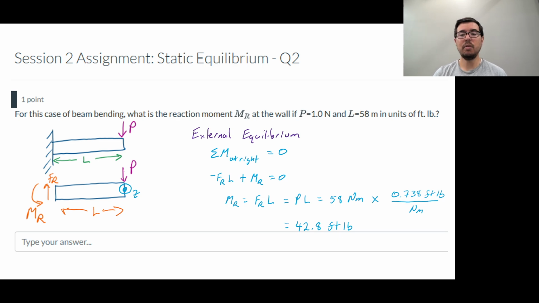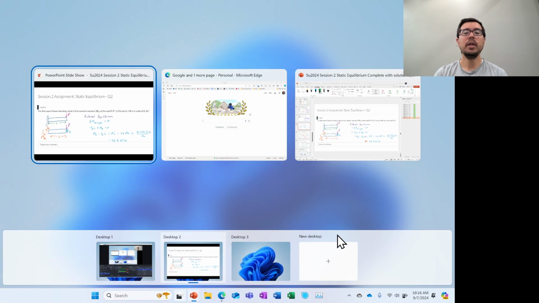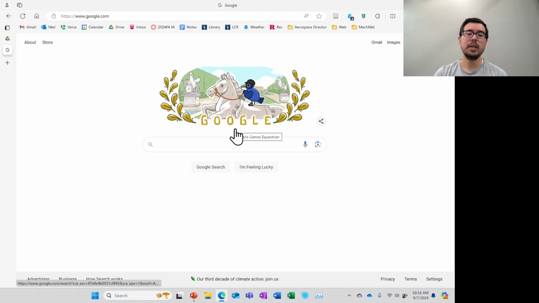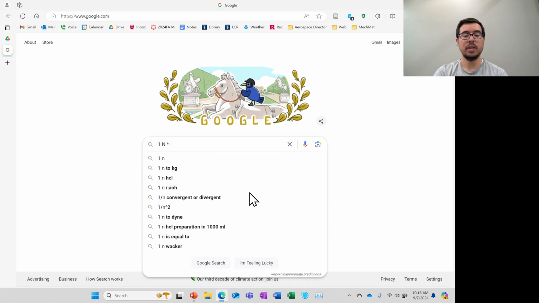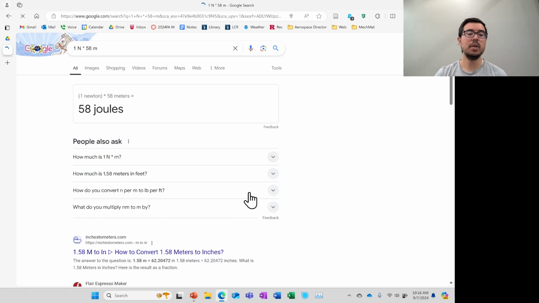Now, the problem is solved, but I would like to show a couple of approaches to doing this numerically. Again, this is pretty simple numerically at this point, but I think what you'll see here is powerful as we proceed in the class. In using Google, we can just say 1 newton times 58 meters initially, and this will give us a response in joules. Well, joules are units of newton meters. I didn't know we were doing a statics problem where we care more about torque than energy, but it calculated things in its units.